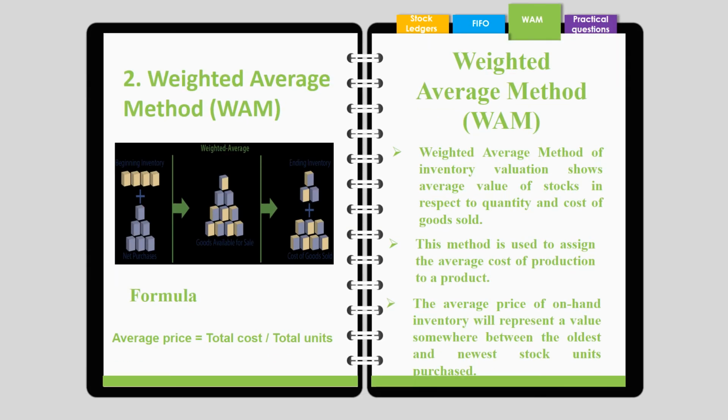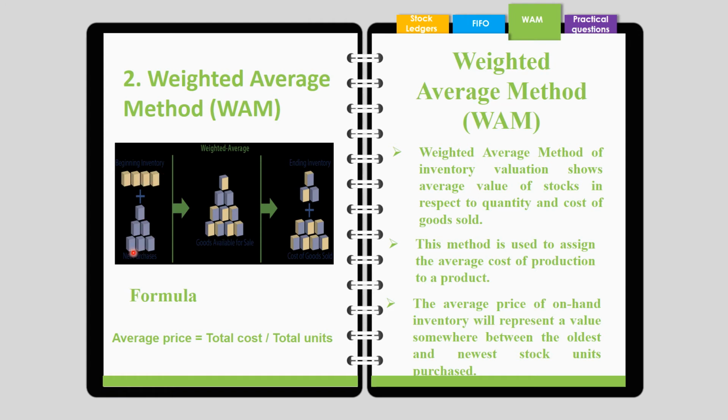Let us see the second method of inventory valuation, how to calculate the stocks through weighted average method. It is also called WAM method. Now if you see in the picture, the beginning inventory, beginning means in the year starting we had already 4 brown color boxes.